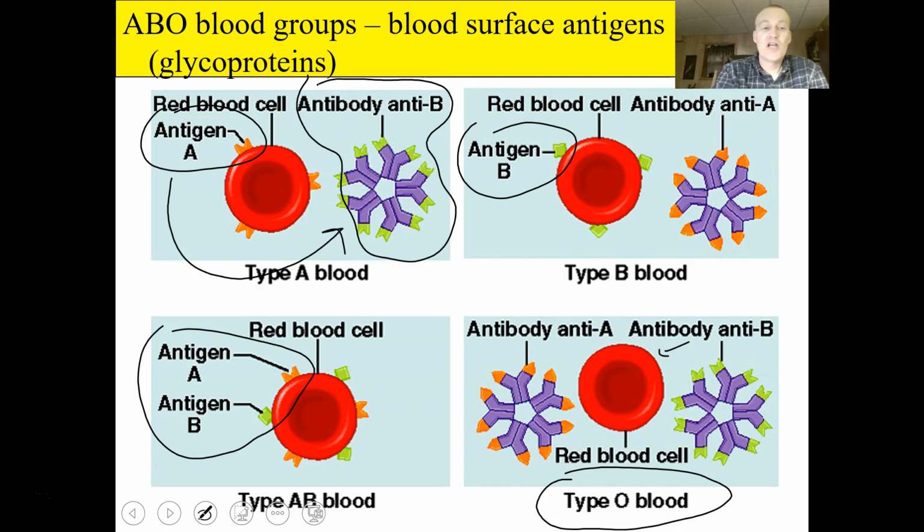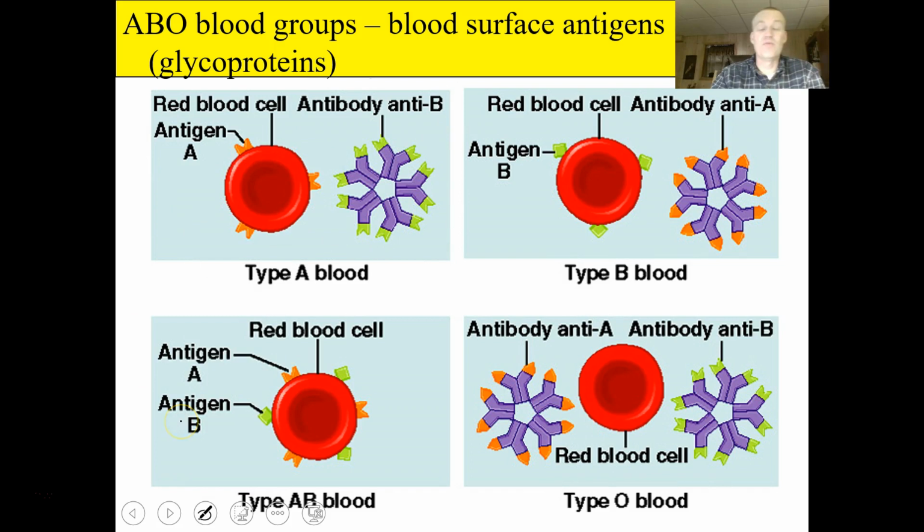So if I were to inject into a person type B blood, if they have type A blood, these antibodies would stick to that blood and would agglutinate and cause the blood to stop circulating through the blood vessels. Okay, so it's very important that we blood type people before we give them blood transfusions. So if you have antigen B, that means you make antibody A. So you can't be given blood from a person with type A blood.